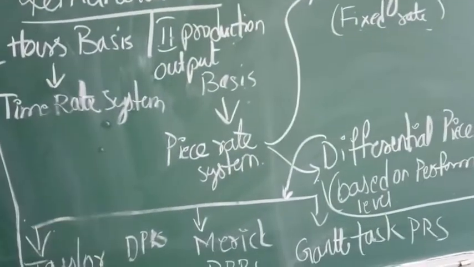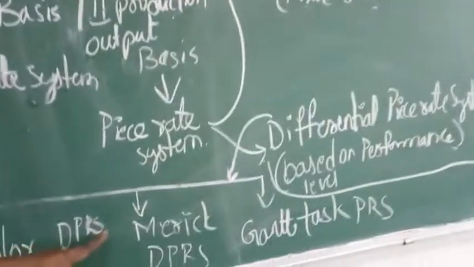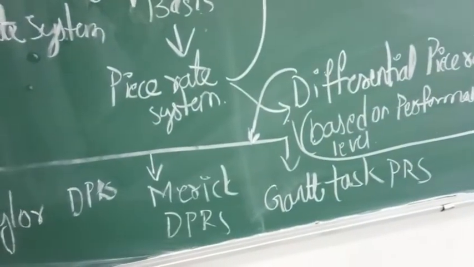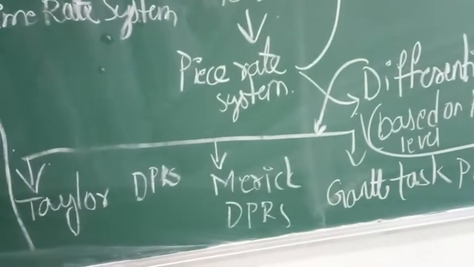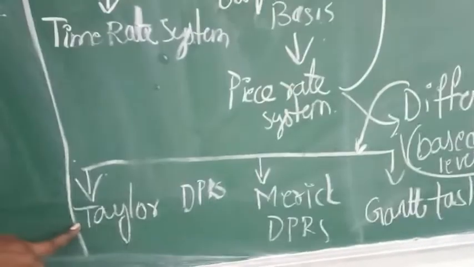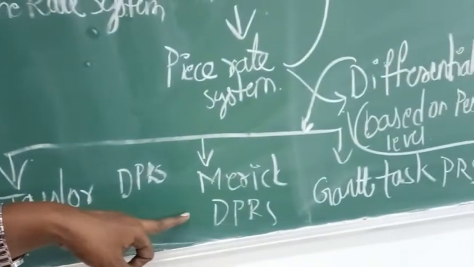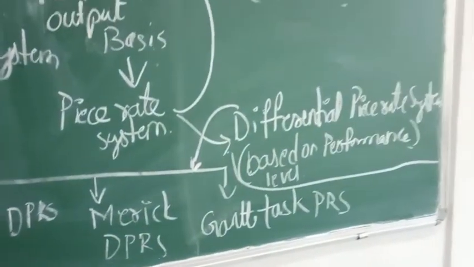So three main people were there: one is Taylor, one is Merrick, and next one is Gannett. Three people took the responsibility for calculation. So the first is the Taylor differential piece rate system, Merrick differential piece rate system, and Gannett task differential system.